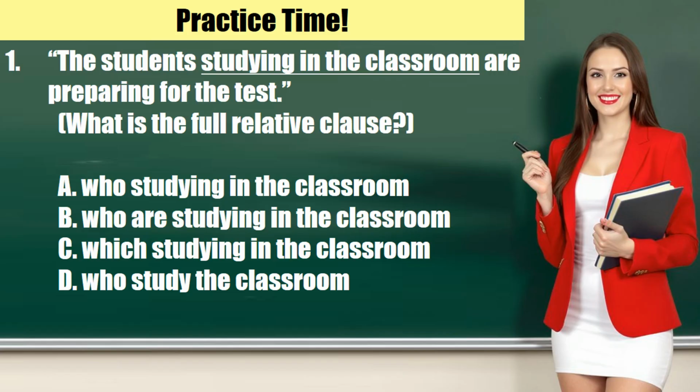D. Who study the classroom? Correct answer, B. Explanation. Studying in the classroom is a reduced clause. The students are doing the action, so we use verb-ing. The full clause is "who are studying in the classroom."